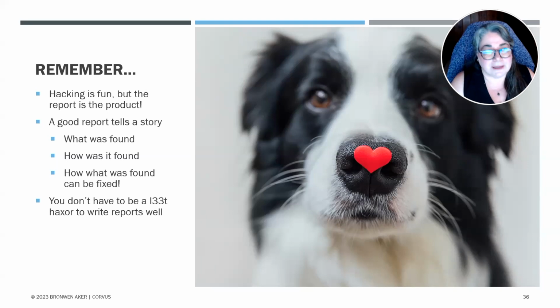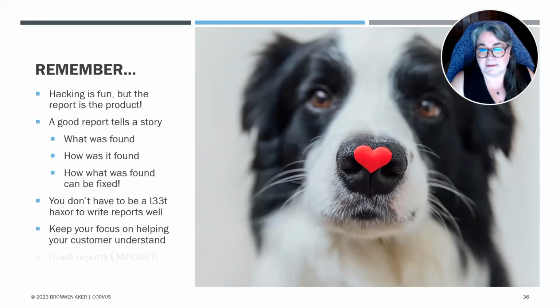And like I say, this is for the people who are new to the business. If you can write well, you can be a mediocre hacker, but you can still deliver value. Keep your focus on helping the customer understand, because a great report empowers people.